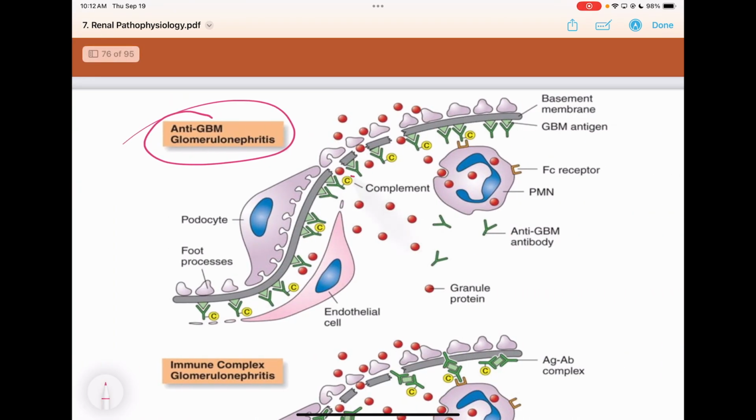So you can see all the C, the complement. They're lining up, and they're depositing all along the basement membrane. Okay, so that's anti-GBM glomerulonephritis. You're attacking the basement membrane. Those are the antigen. The complement gets in the area, deposits along the basement membrane, and causes red blood cells to leak out.